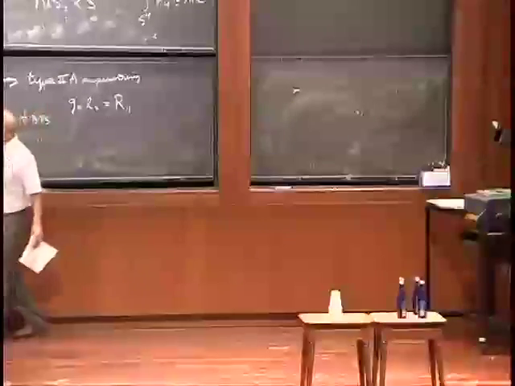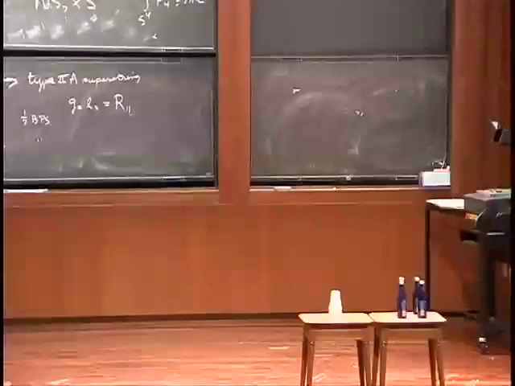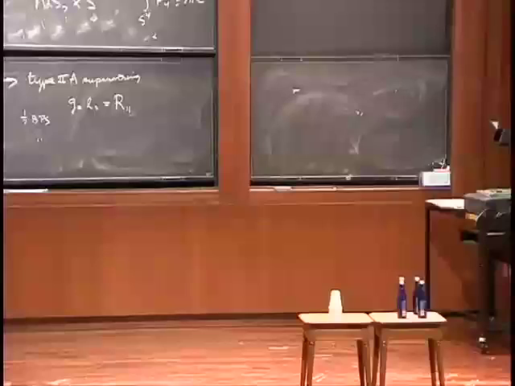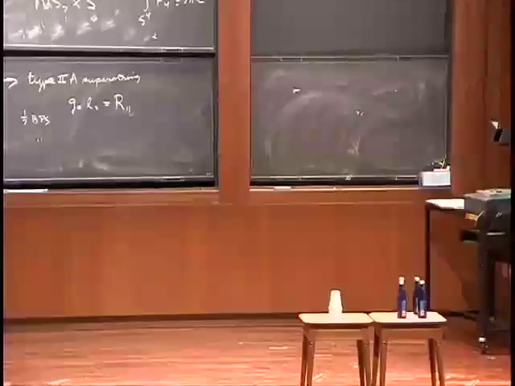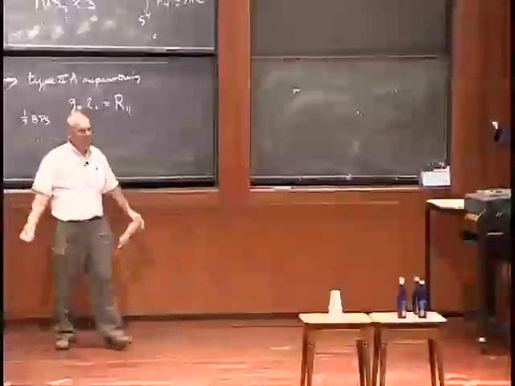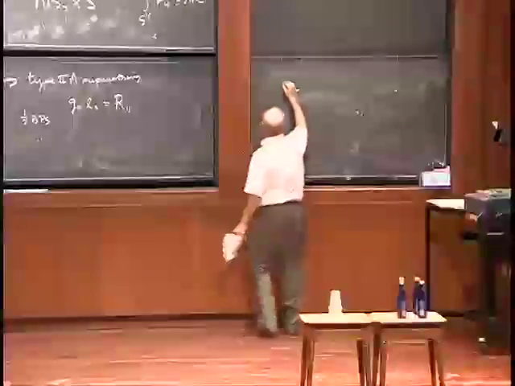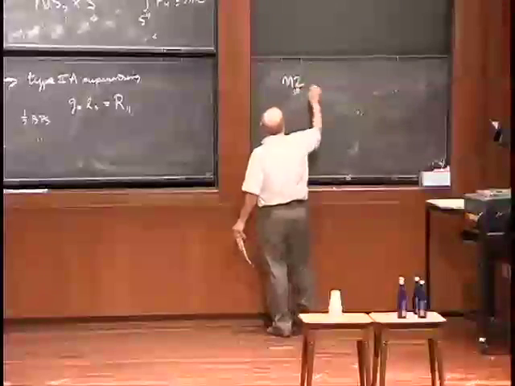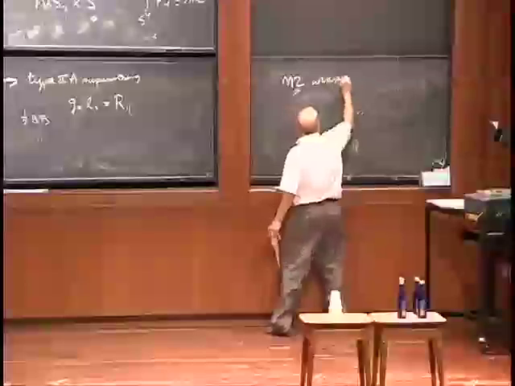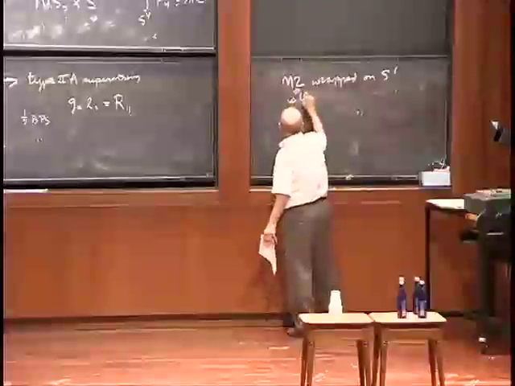And then that will leave an object which, viewed from the other 10 dimensions, looks just like a loop, because we've got a circle times a circle, and we've used up one of the circles on the internal dimension. If we now make this internal dimension so small you can't see it, then all you're left with is a loop. And that's the type 2A superstring. So the M2 brane wrapped on the S^1 is the type 2A string.